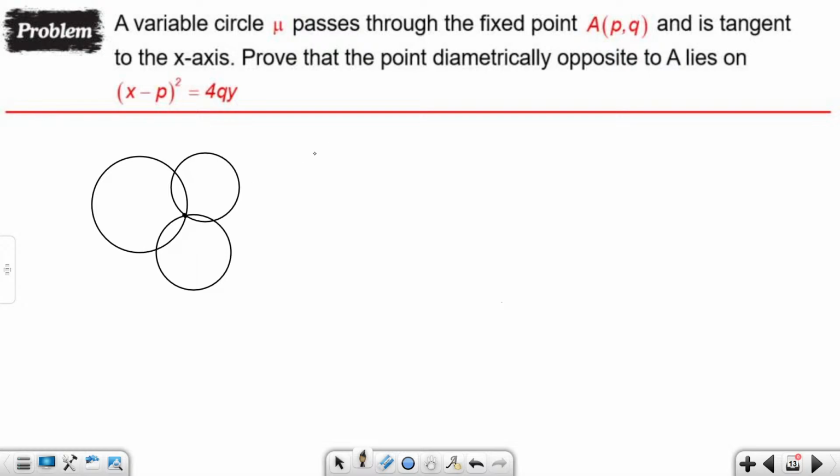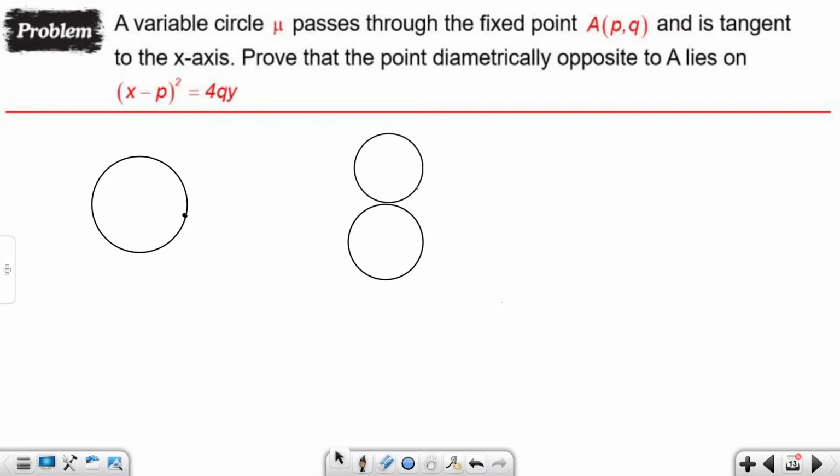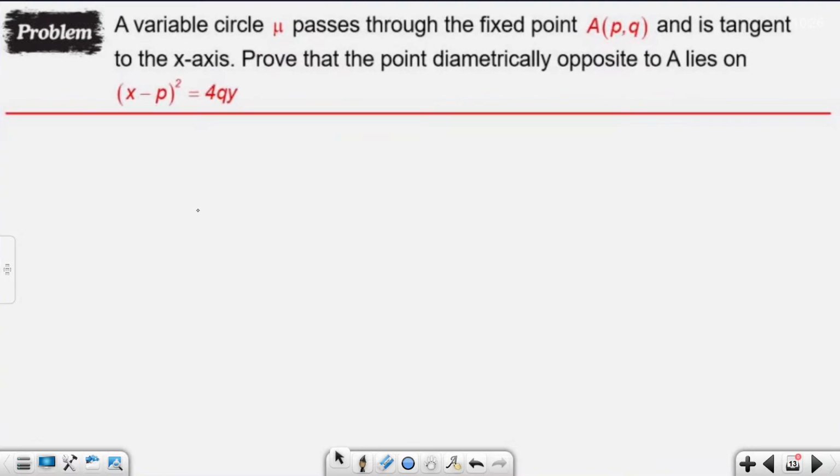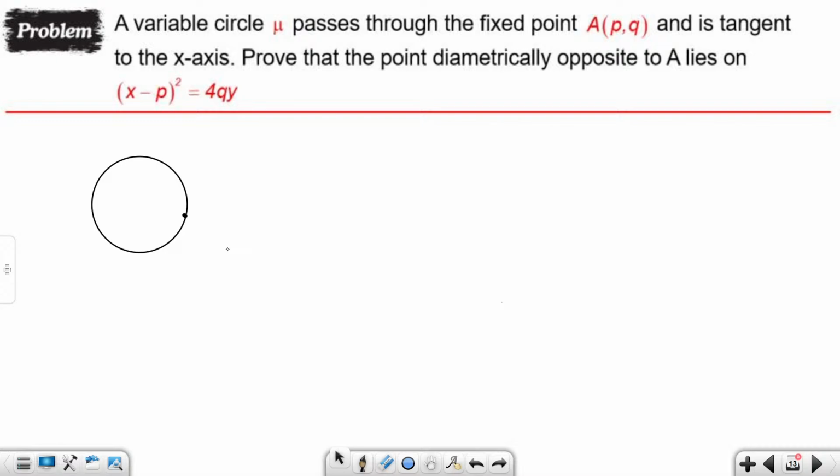Now, they have given that this point, let me remove this. So, this is that circle which is passing through that fixed point P, Q. Okay.